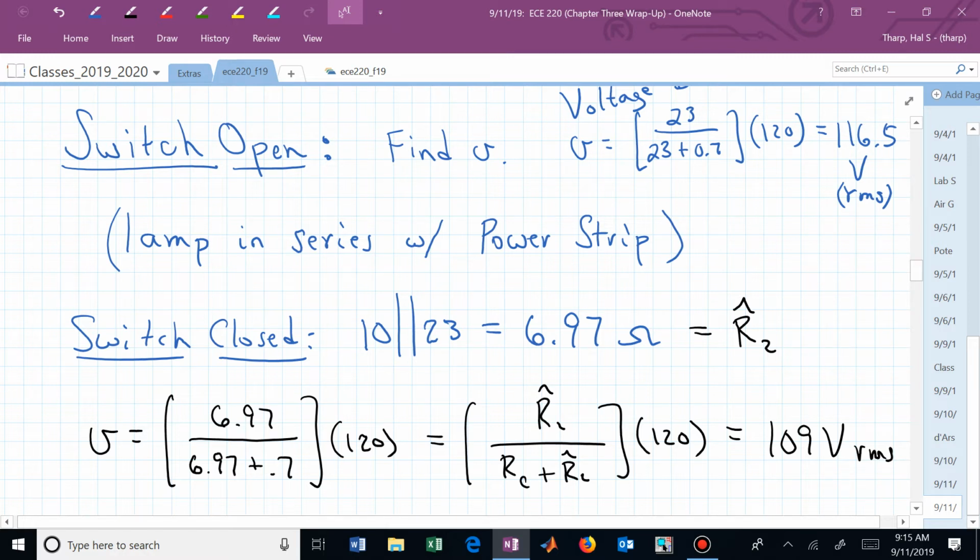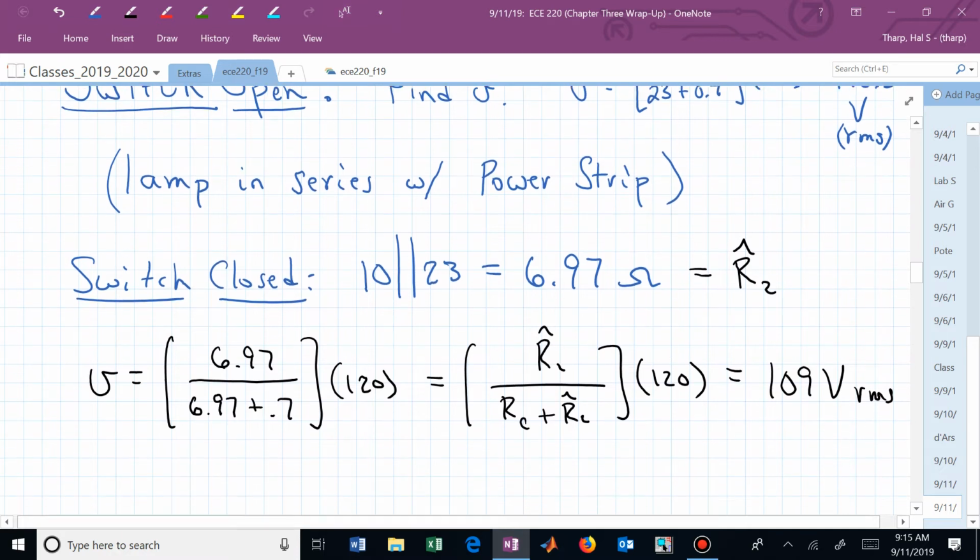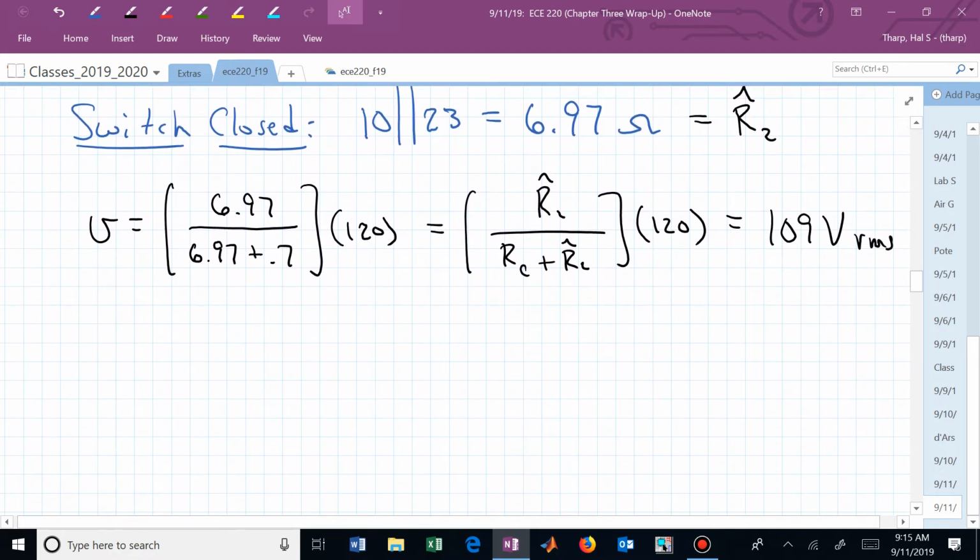So we could find the power in the lamp with the switch open, and we could find the power of the lamp with the switch closed. And obviously the lamp is seeing less power. With the switch closed, the lamp dims. So that's a practical application of this loading effect.